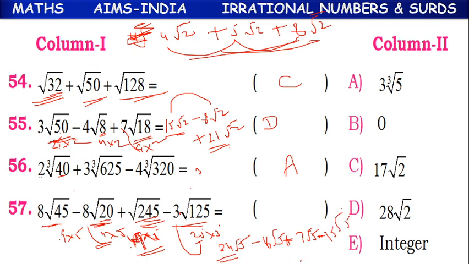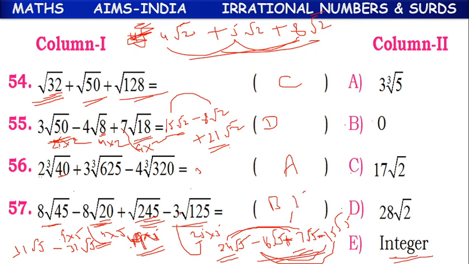So 24 plus 7, 31 root 5, minus 16 minus 15, 31 root 5. Total will cancel. Answer is 0, which is an integer. So options are B, E.